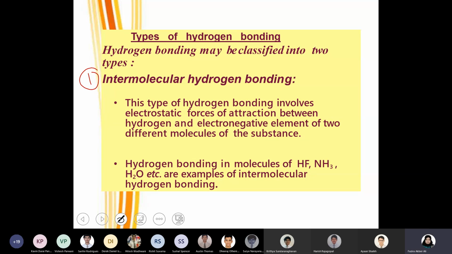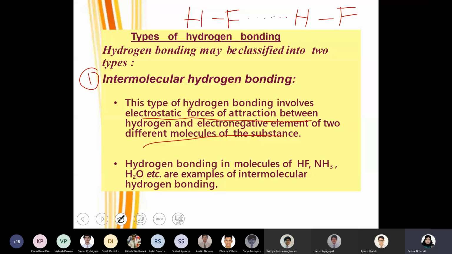This is the electrostatic force of attraction, because it's all about electronegativity difference and polarity. It's the electrostatic force of attraction between hydrogen and the electronegative element of two different molecules. As we discussed in the last class, HF and another molecule of HF.